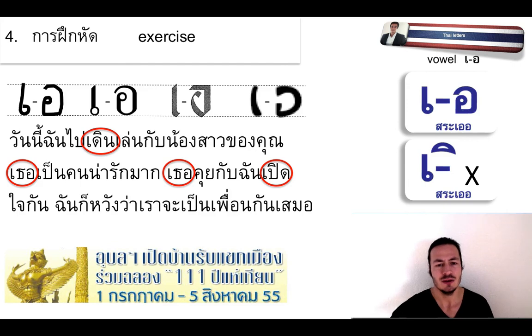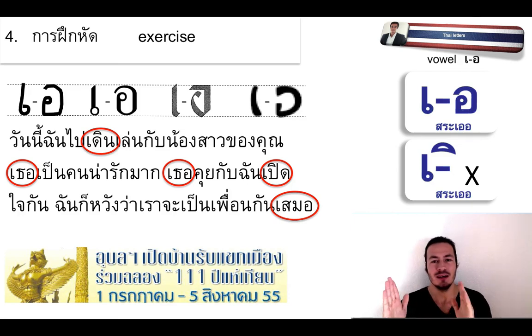Okay, let's continue. In the last line or third line we have another one, and this one maybe you didn't find because actually here there are two consonants in between the vowel. So this is called a cluster or pseudo-cluster depending on what type of cluster. So it's เสมอ but that doesn't matter now.